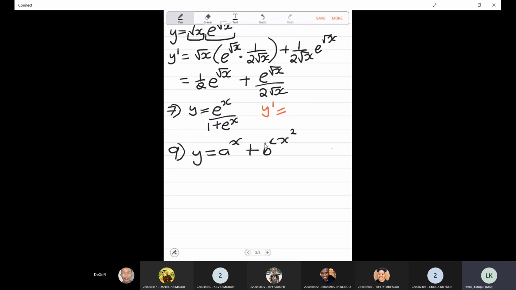Okay, and then this one over here, what we can do is we can always split it up and then differentiate it, using our laws of exponents.